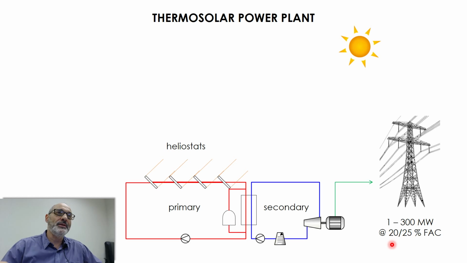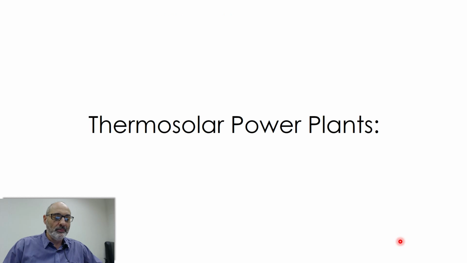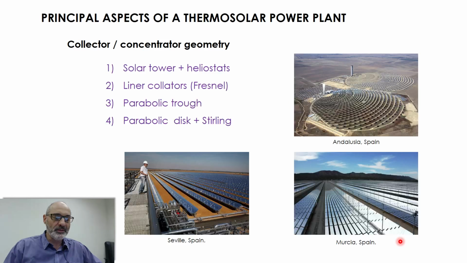For instance, here in Brazil, in Chapada do Araripe, as I already mentioned, you're near the equator, so this is good, and you also have very few clouds in this region, so the capacity factor is high. 20-25% is an average number, just to give you an idea of how low this can be. So we're going to focus on these three subsystems.